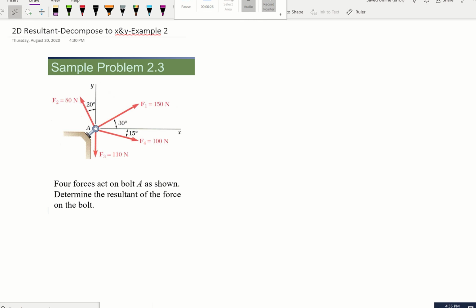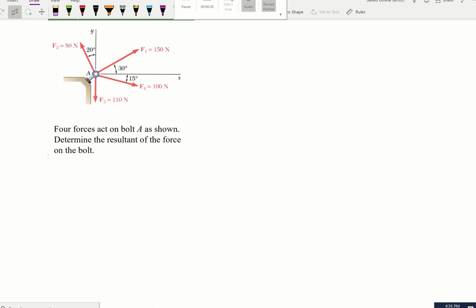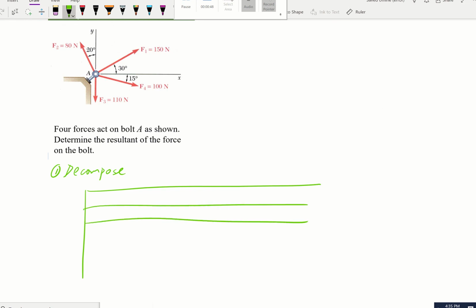First step, remember, is we're going to decompose these forces. Decompose each one of the 4, and since we have more to manage now, it's really to our benefit to create a table. So I'm going to create our first row, and the second row will have F1, F2, F3, and F4.